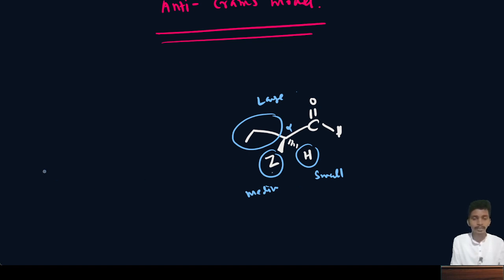And what is Z? That Z has to be any group that has at least one unshared lone pair.